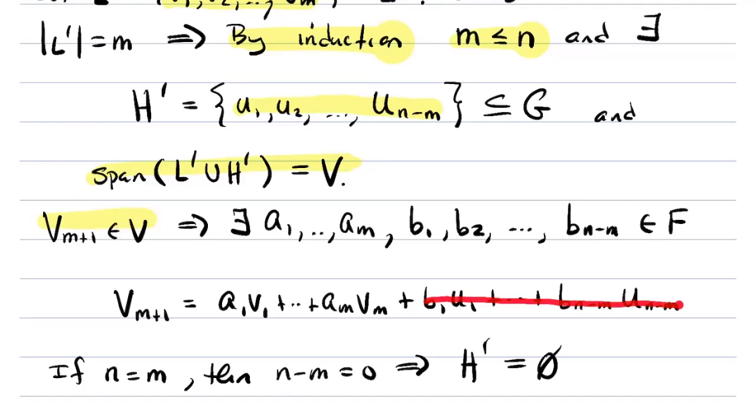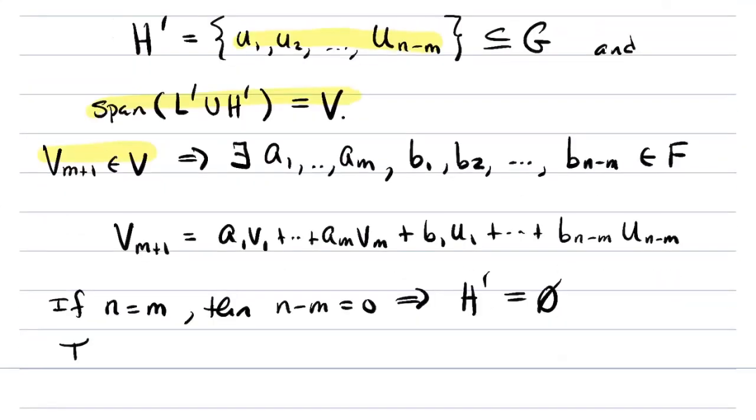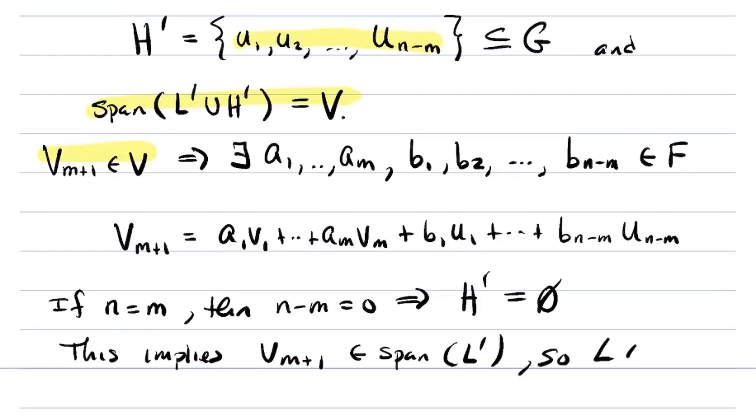So that would put V sub m plus 1 in the span of L prime. Right? But that means that the set L isn't linearly independent. Right? Because V sub m plus 1 belongs to L.